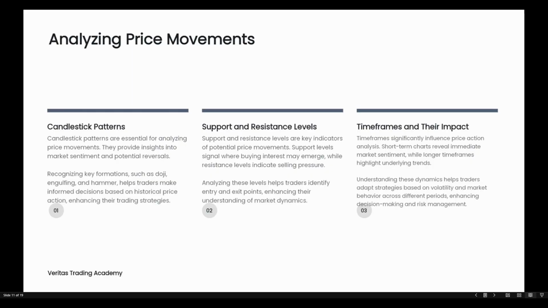At the support level, most traders will be looking at taking buy trades, meaning there's a lot of buying pressure there. At the resistance level, most will be looking at taking sell trades, inducing sell pressure. It is vital to analyze these levels as a trader to identify entry and exit points.